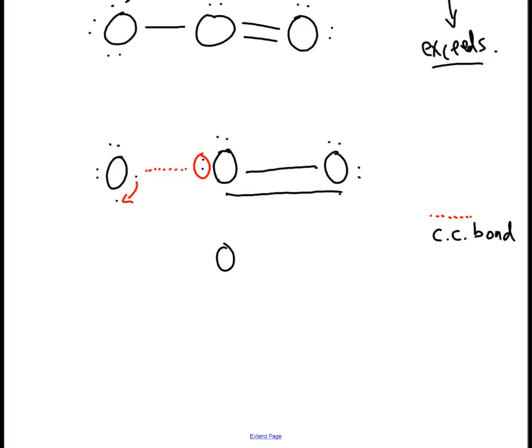And then if you redraw it, you would have the 2 original non-bonded pairs, and now we have a third non-bonded pair because this oxygen atom is not really contributing any electrons to the shared pair, but it's still sharing those 2 that came from the second oxygen atom.